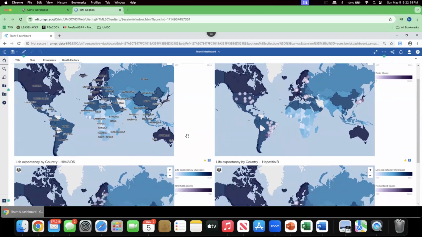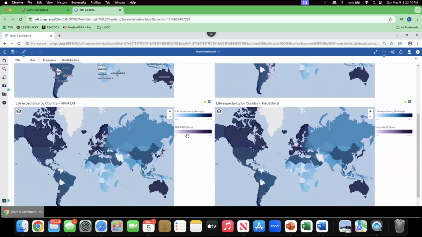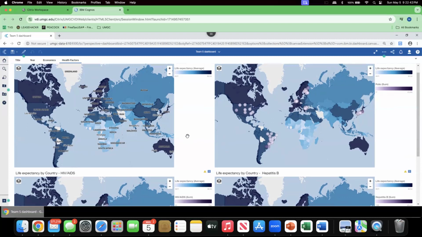And you could get an idea, on all these, what parts of the world are developed, and which parts are developing. Not necessarily always, but this is just a general rule of thumb.